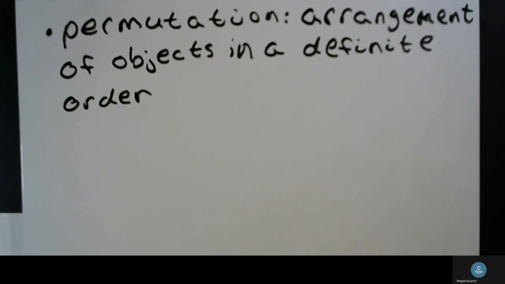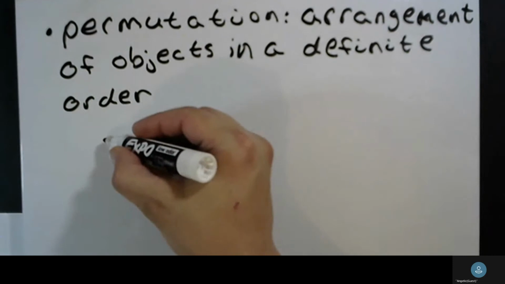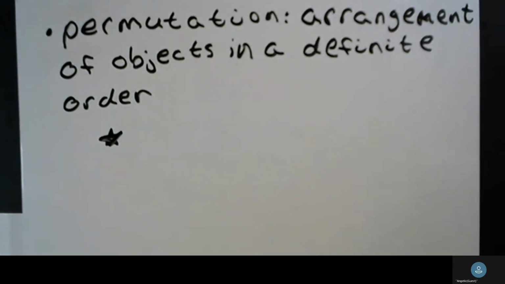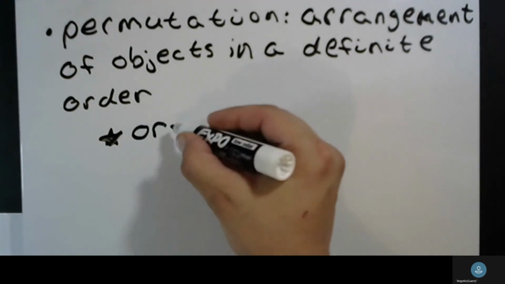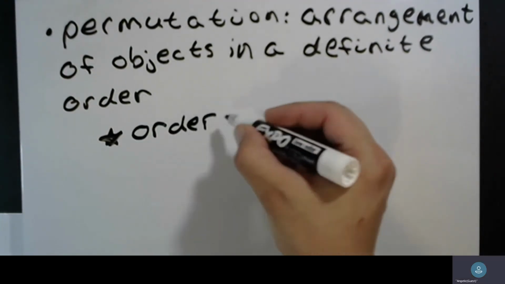So it's an arrangement of objects in a definite order. And the key thing with permutations, and this is what's going to make them different from combinations, which we're going to see later, is that the order matters.